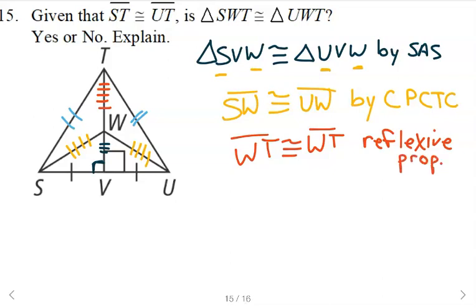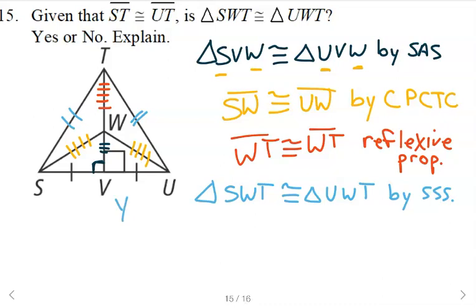And now you can see by side, side, side, these triangles are congruent. So to answer the question, we can say yes, triangle SWT is congruent to triangle UWT by side, side, side.